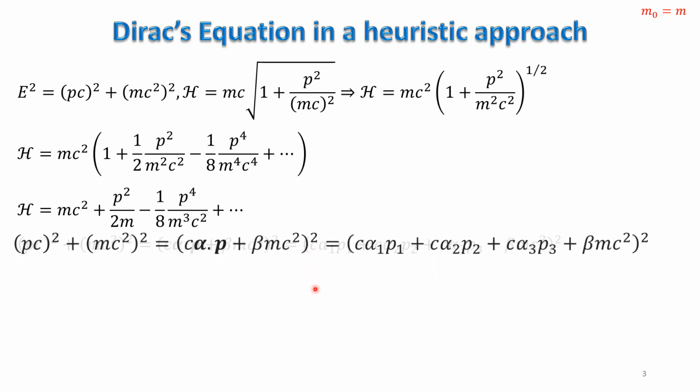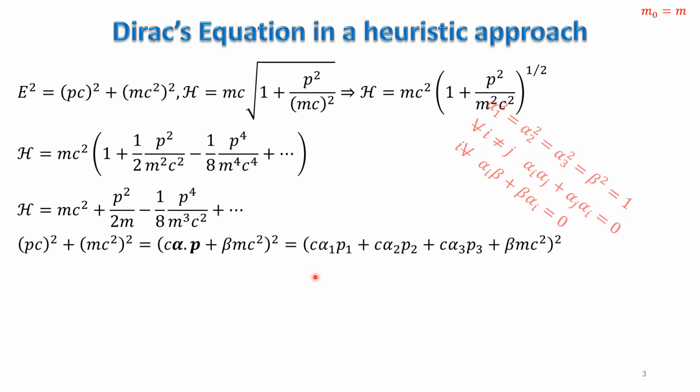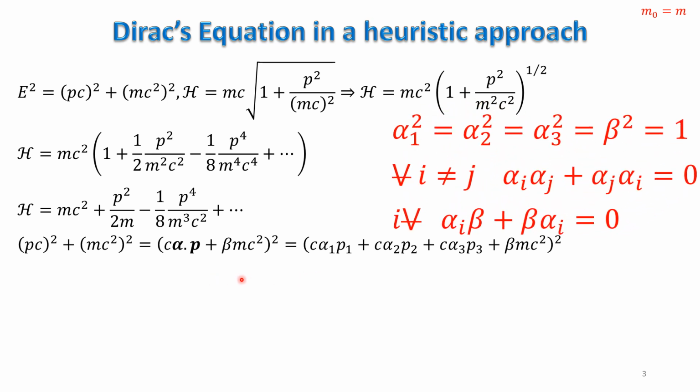Now, with this, what restrictions do we need if we open this square? We need alpha 1 squared equal to alpha 2 squared equal to alpha 3 squared equal to beta squared equal to 1, so that we'll get (pc) whole squared plus (mc squared) squared. So the introduced constants alpha and beta should disappear.